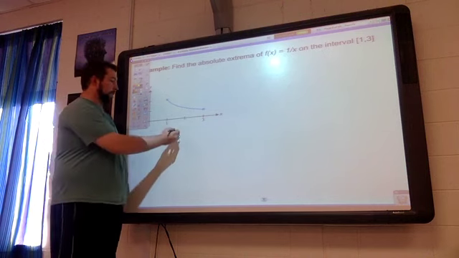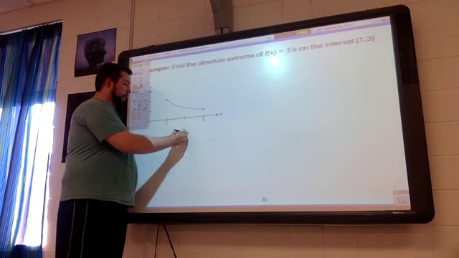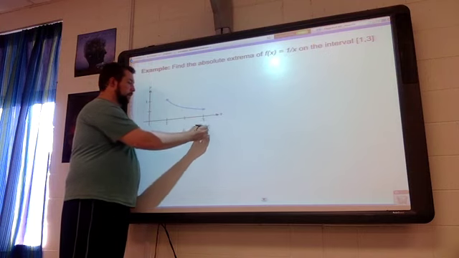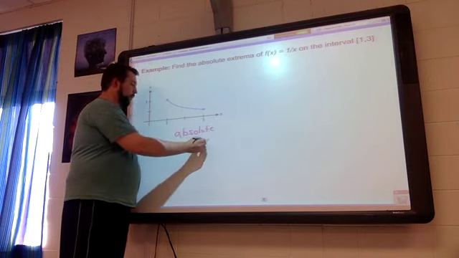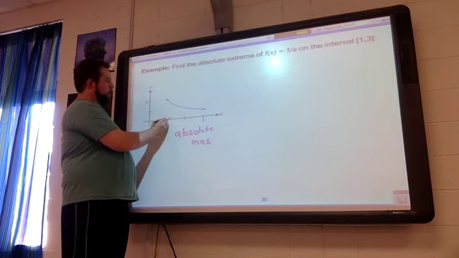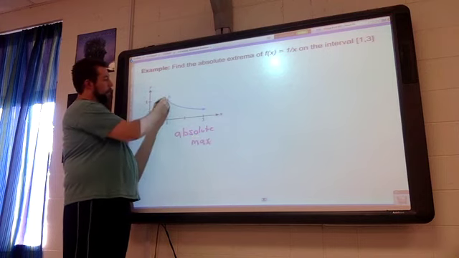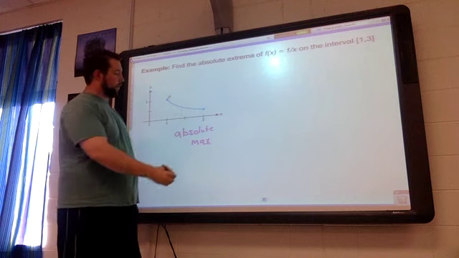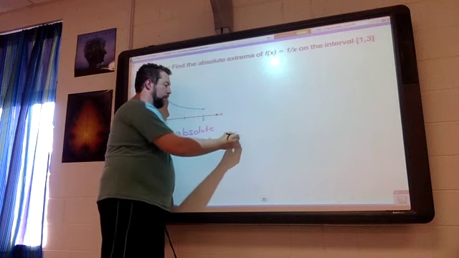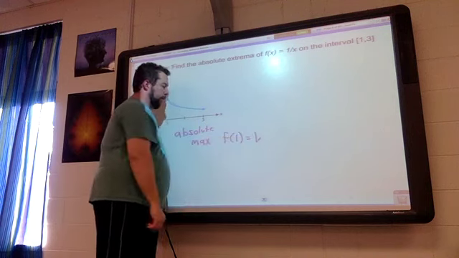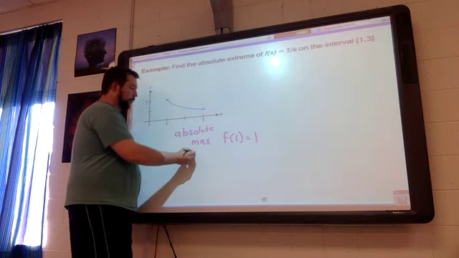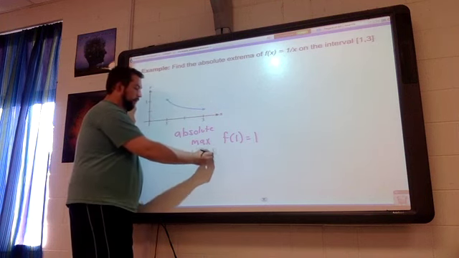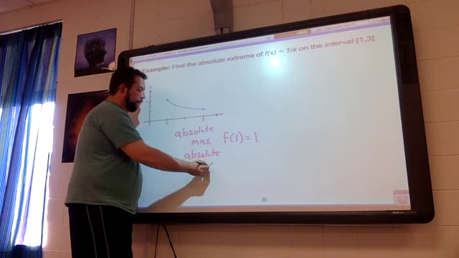Okay, and graphically we can see that pretty easily here. The absolute max is the highest point, and that happens at what looks like 1. We plug it in, 1 over 1, yes. Absolute maximum, f of 1, which is 1. And our absolute min is the lowest point on the graph during that interval.